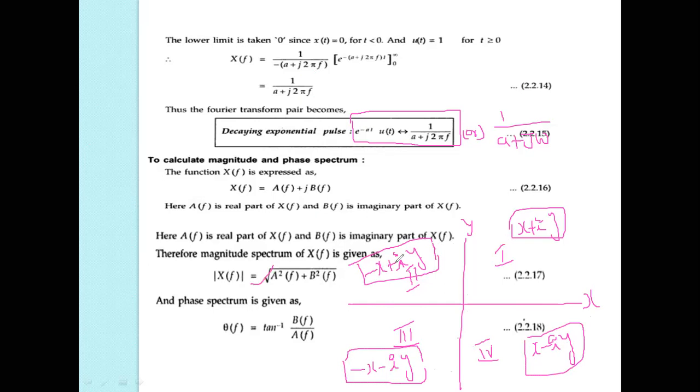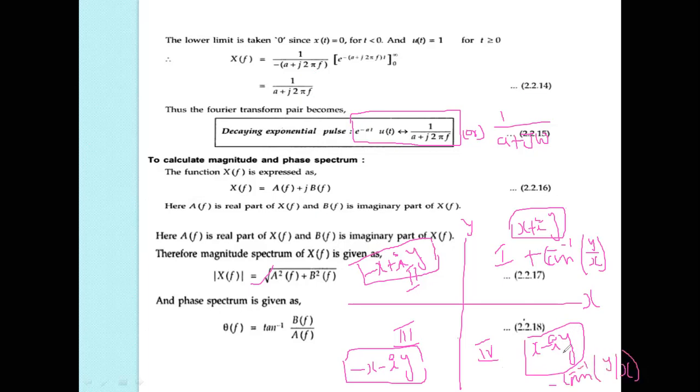The magnitude is the same, but the angle is different, my dear students. What is the angle here? When both are positive values, it is plus tan inverse y by x. Coming to the fourth quadrant, the angle is minus tan inverse y by x.